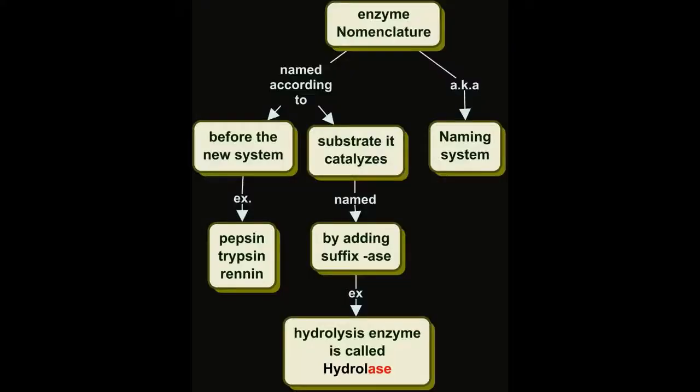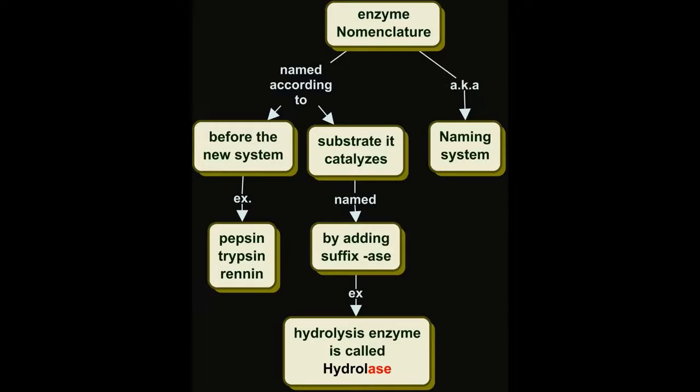Now, do you ever wonder how enzymes are named? The naming system of an enzyme is called enzyme nomenclature. There are two naming systems adopted in enzyme nomenclature.